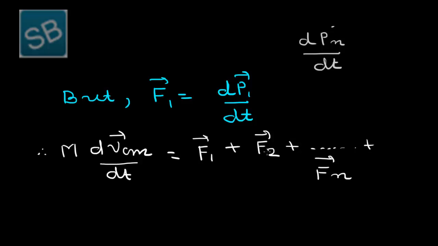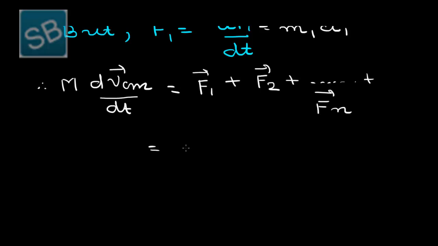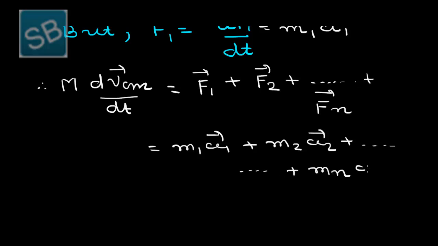But according to Newton's second law of motion, I can also write this equation as m1a1. So my right hand side I can also write as m1a1 vector plus m2a2 vector plus so on, mn an vector. Therefore, M dV_CM by dt.